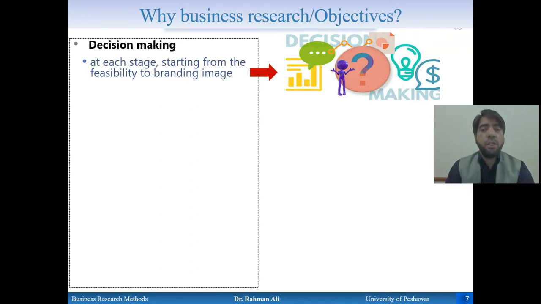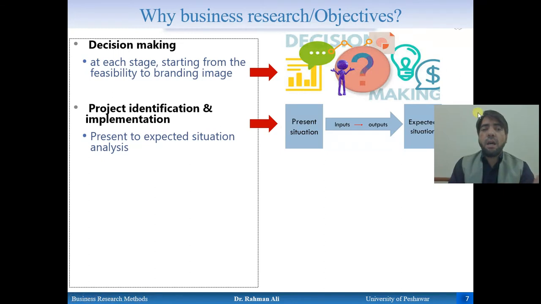We cannot do it. So for this decision making, if we are going to shift our business from the current one to a new one based on the demands of the market, we cannot move without having research.